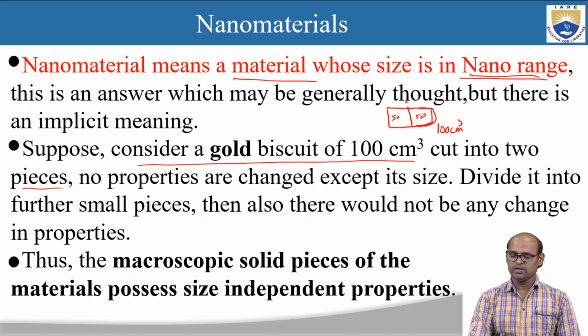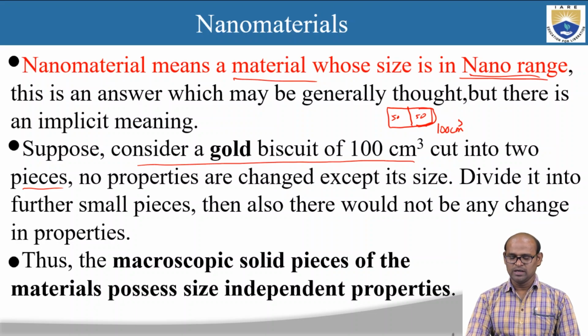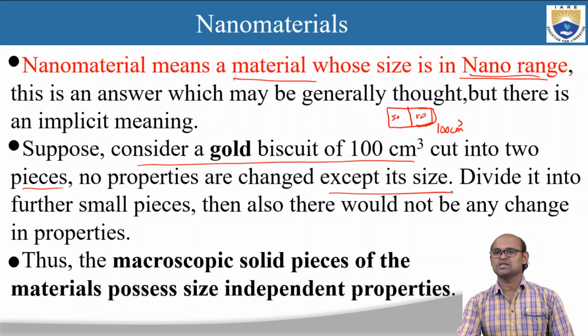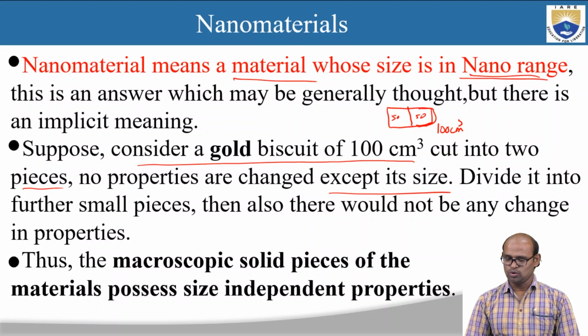When we look at the properties, there will be no change in the properties of these two independent equal pieces of gold except the size. Earlier it was 100 centimeter cube, now there are two such small cubes, each around 50 centimeter cube. Only size changed, no properties changed.